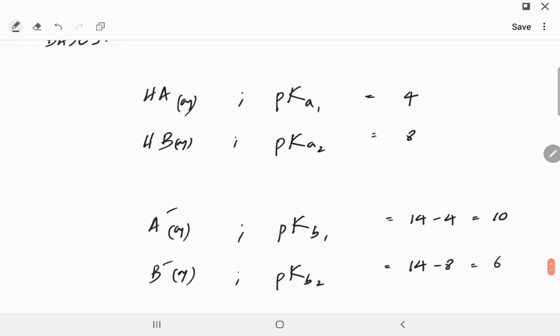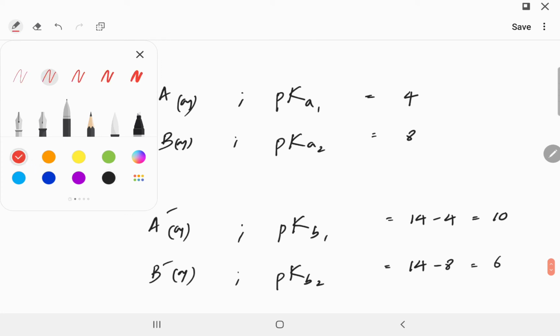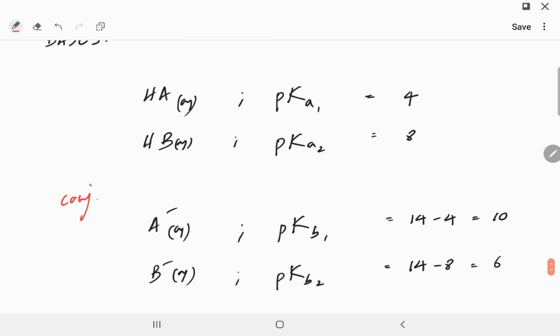So when you take the conjugate bases, the stronger conjugate base is B minus. When it comes to acids, HA was the stronger one, but when it comes to conjugate bases, B minus is the stronger base.